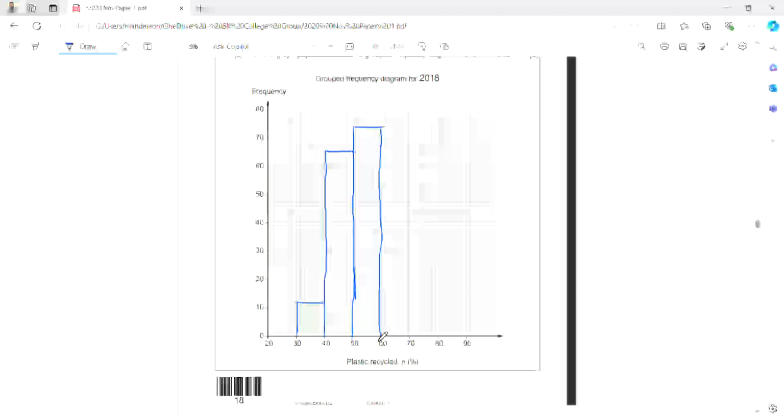Between 60 and 70 was 55, so if I find 50 and go up 5, and then between 70 and 80 we had 29, so 29 is just there. So that is my crude group frequency diagram. Hopefully you guys can understand what's happening here, and you can produce better diagrams with a pencil and a ruler.